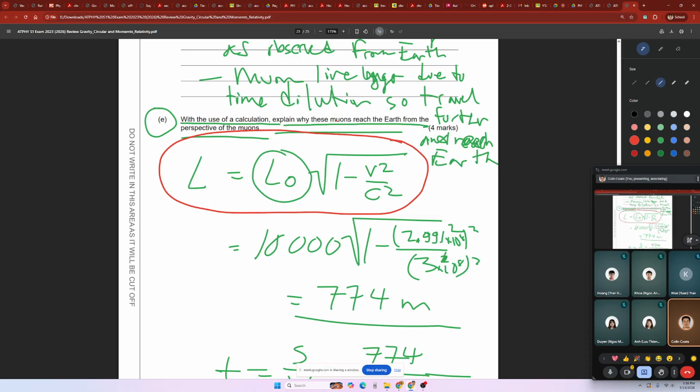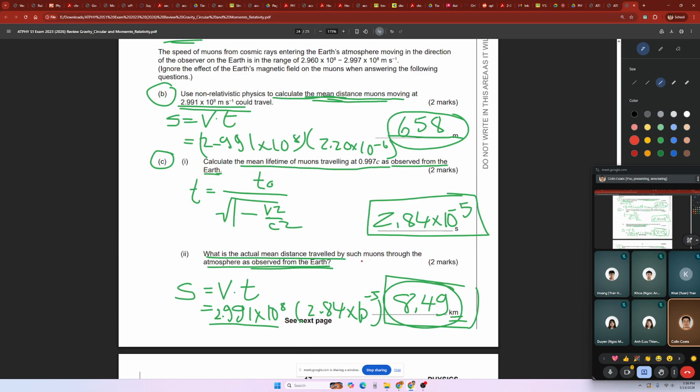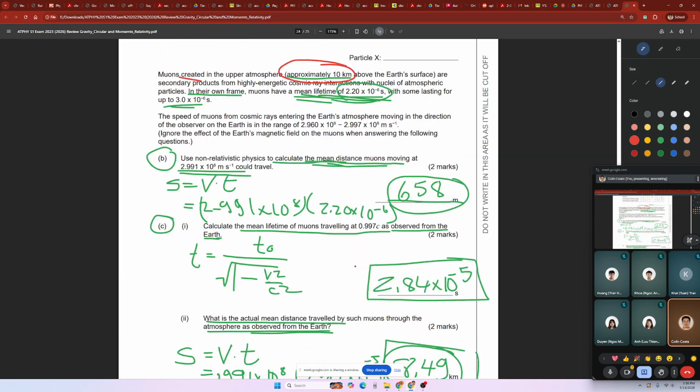So that means the space between where the muon's created and where it will land or touch the Earth is the distance in the direction of its velocity. So that distance will experience a length contraction. Now that distance, I originally said it was this, but it's actually this one because that's where it starts. It's created there.